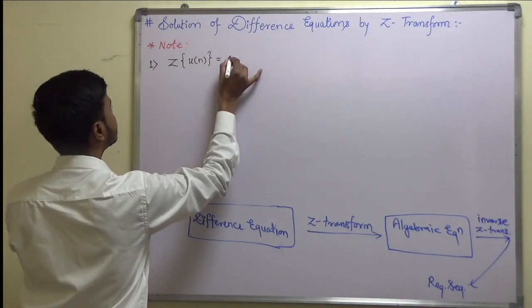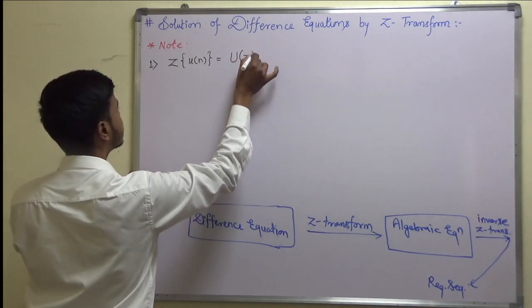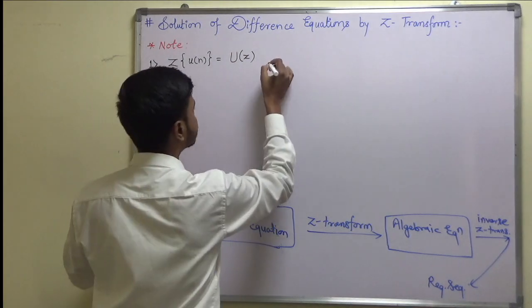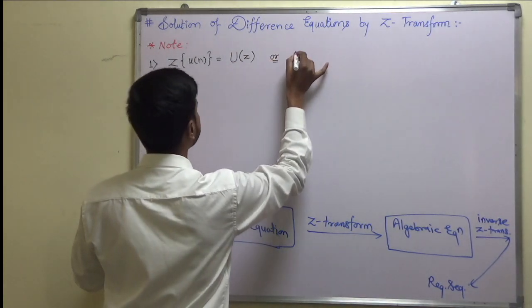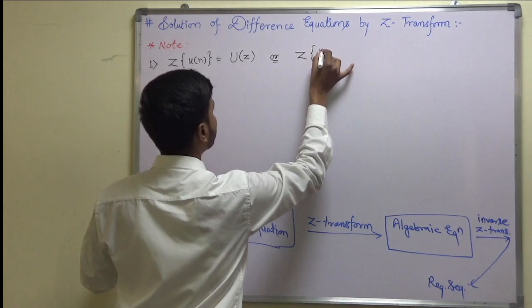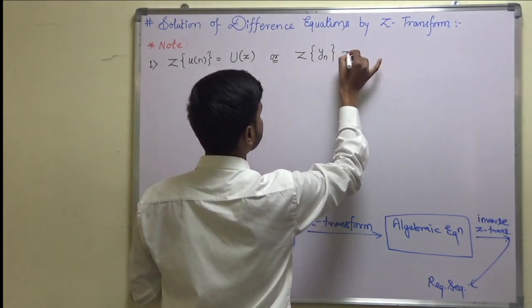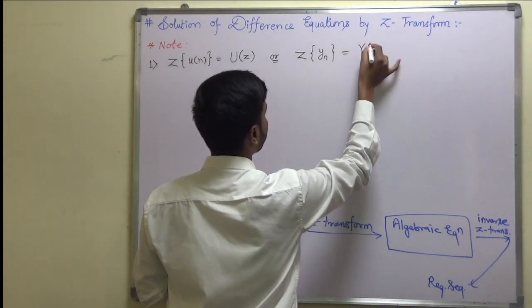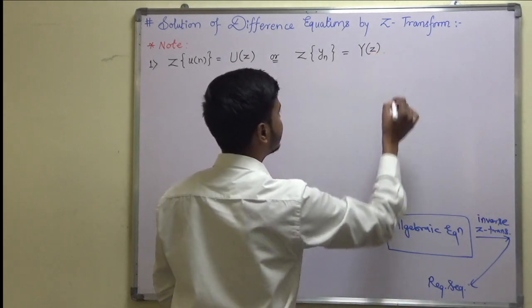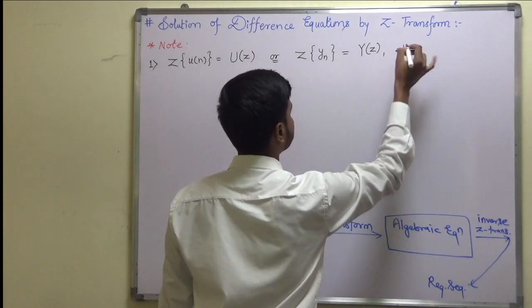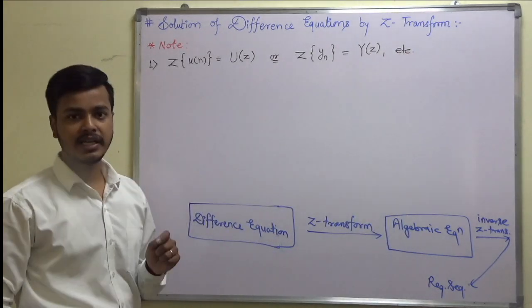So we'll denote this as U of z, or sometimes Z transform of y of n, or y of something, so you can write it as Y of z. Etc. This is one notation that you have to remember.